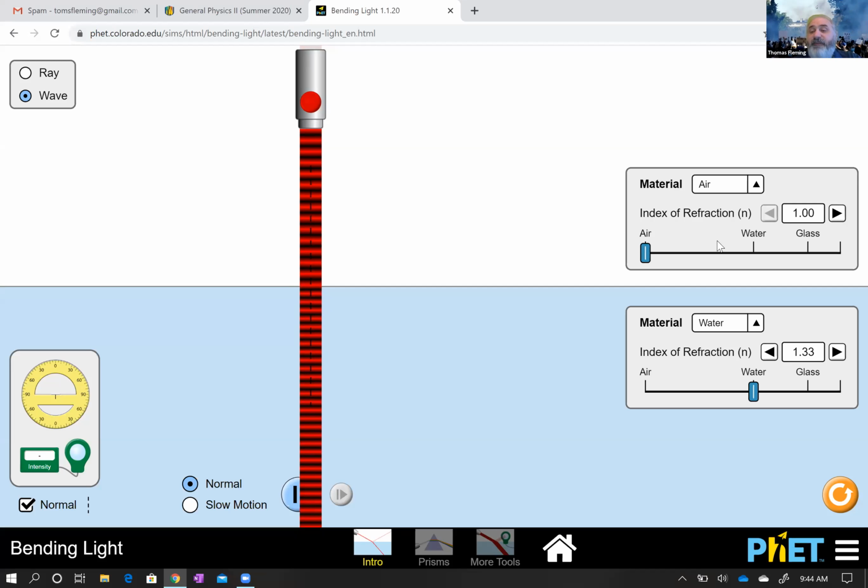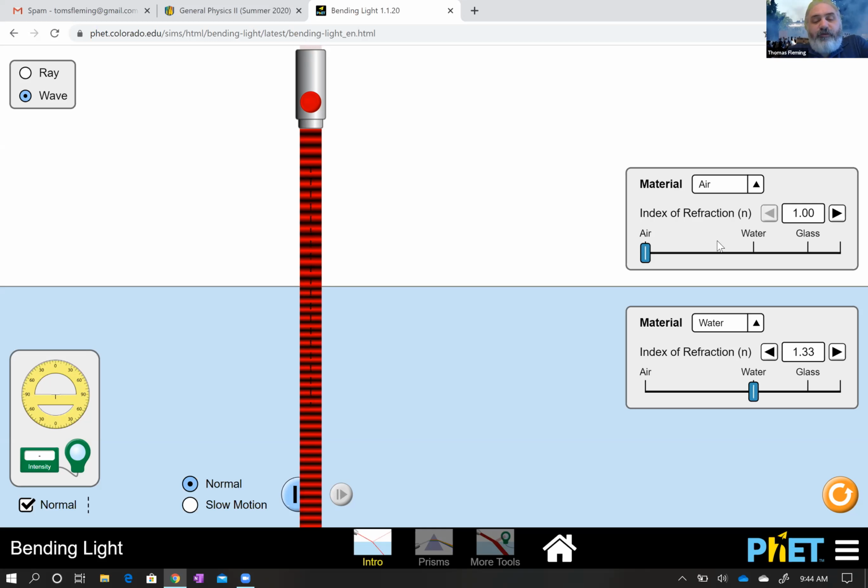And you can see that that's what's happening here. If you look at the little red streaks, which are the peaks of those wave fronts, they're moving away from my laser at a constant speed. However, when my wave enters the water, the speed of light in water is slower than the speed of light in air.